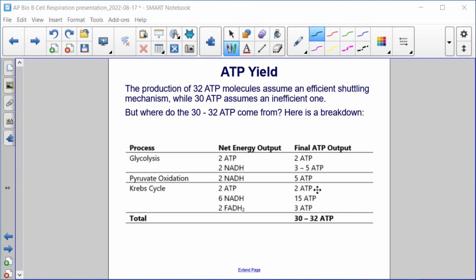The Krebs cycle or citric acid cycle has a net output of 2 ATP, 6 NADH, and 2 FADH2, which can result in 2 ATP, 15 ATP, and 3 ATP respectively, for a total of 30 to 32 ATP.